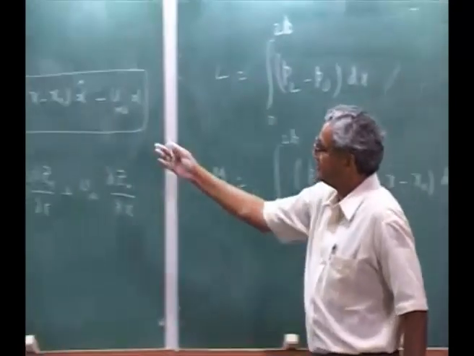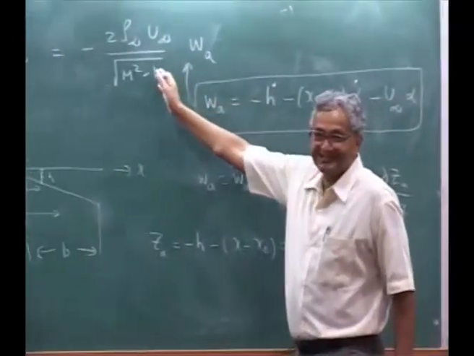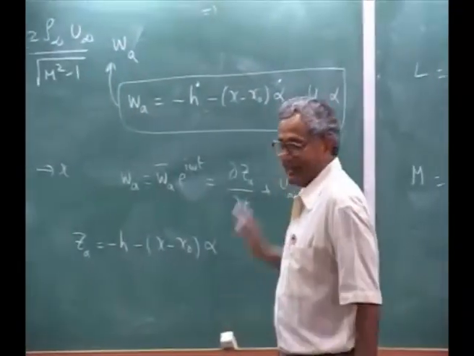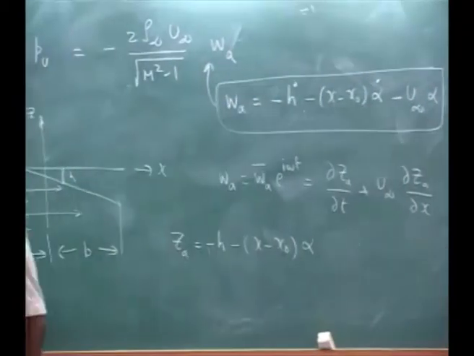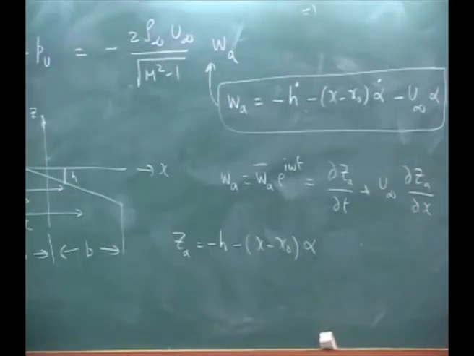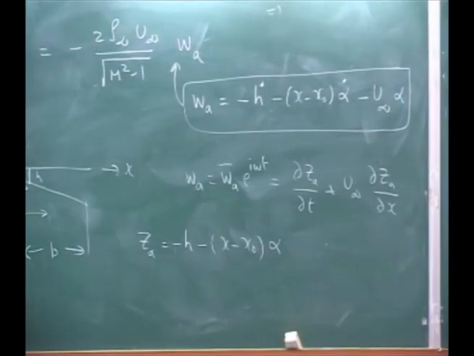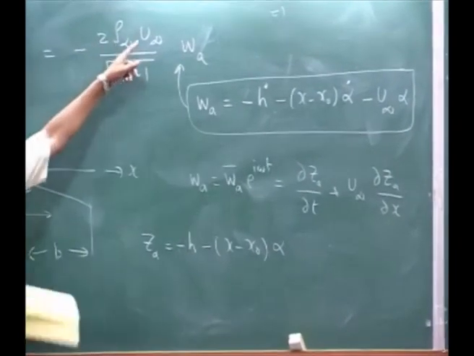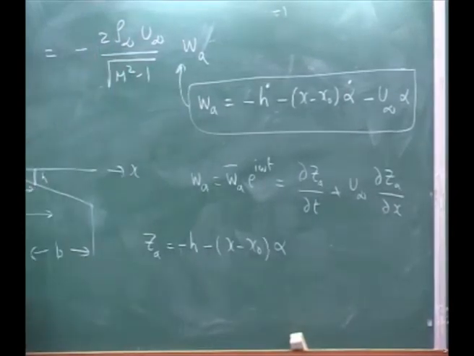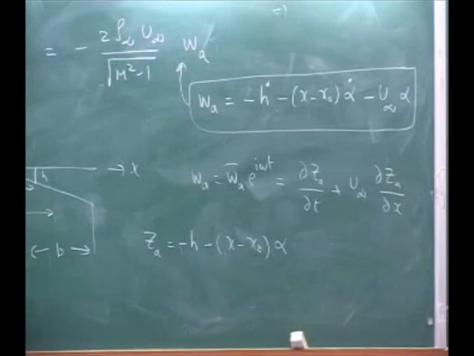What you have to do is take this expression and substitute there. Now you see the pressure on the aerofoil is a highly simplified form, just rho infinity u infinity over m infinity under root.